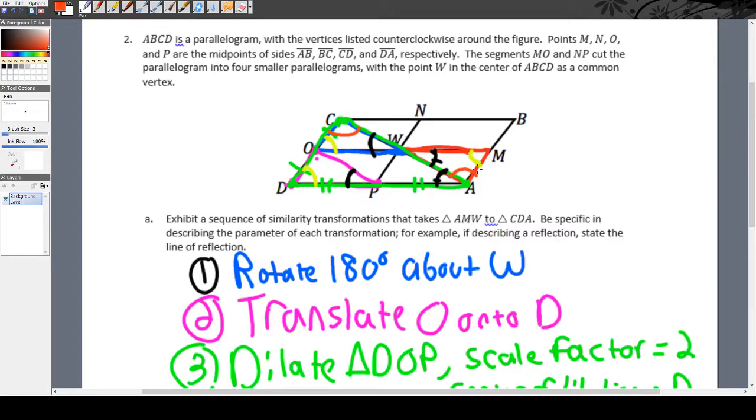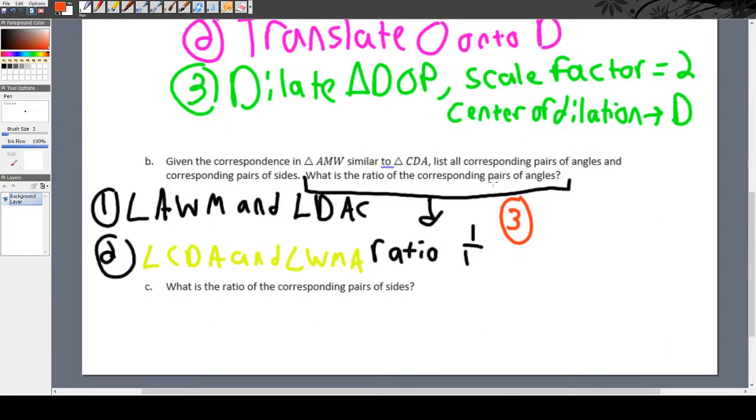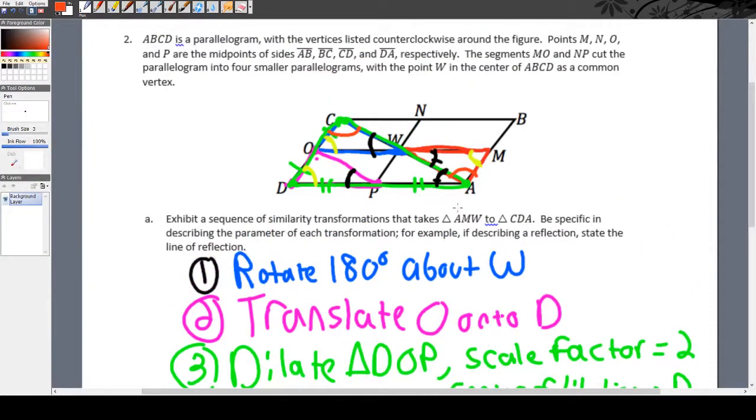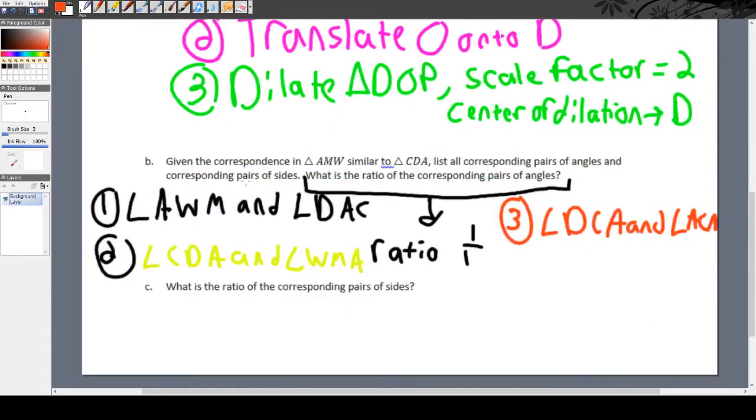So that would be angle DCA and angle ACM. Got cut off a little bit at the end, but you should know what I'm talking about. It's just the two angles right here labeled in red. So those are all the pairs of corresponding angles.